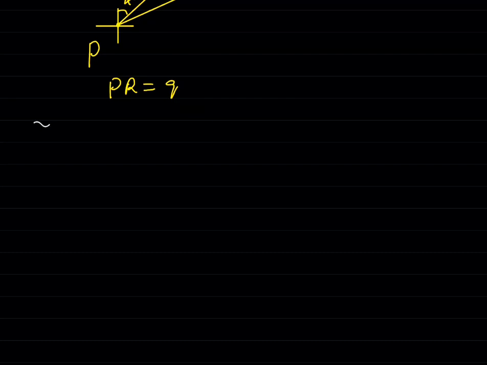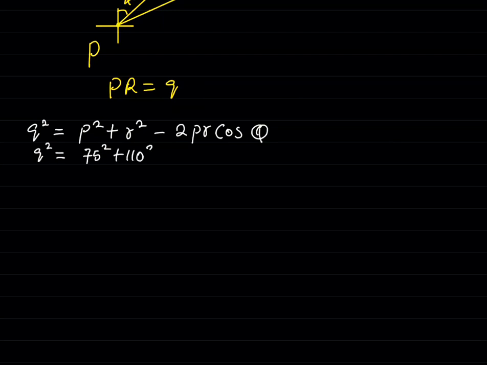So we start: q squared is equal to p squared plus r squared minus 2pr cos Q. Now, replacing the values, I'm going to have q squared is equal to 75 squared, because p is 75, plus 110 squared minus 2 into 75 times 110 cos.